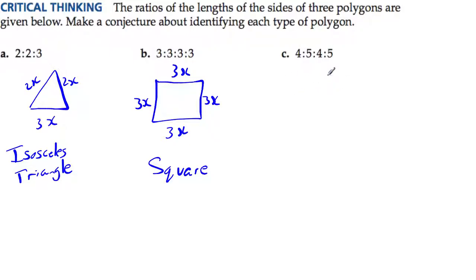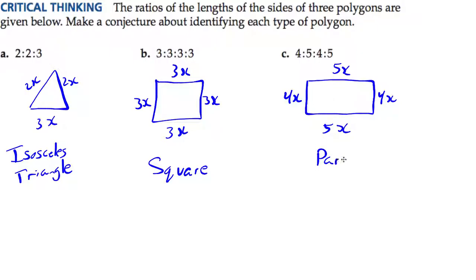So we have 4 to 5, 4 to 5. So this would be 4x, 4x, 5x, 5x. So we could say it's a square or just any old parallelogram.